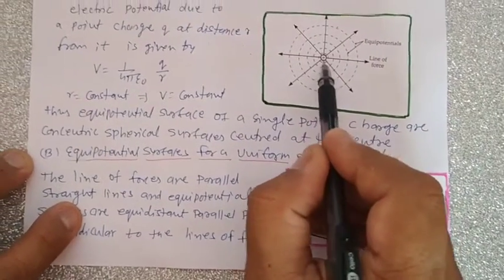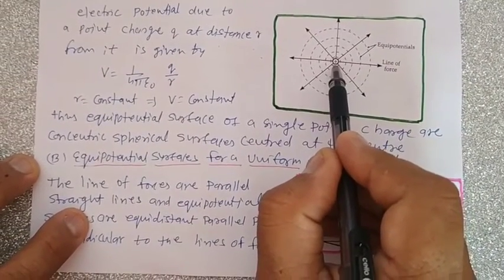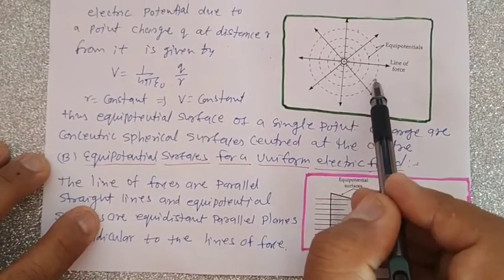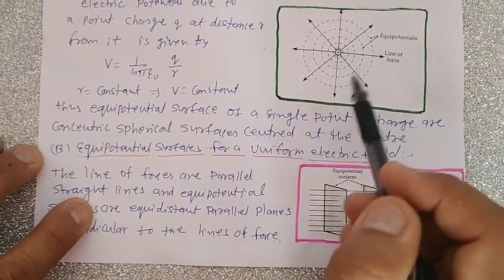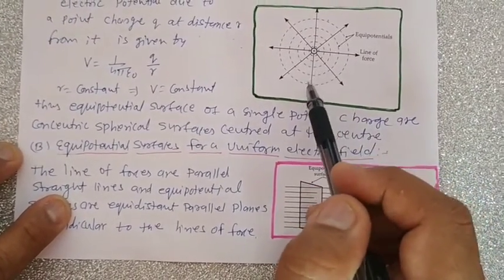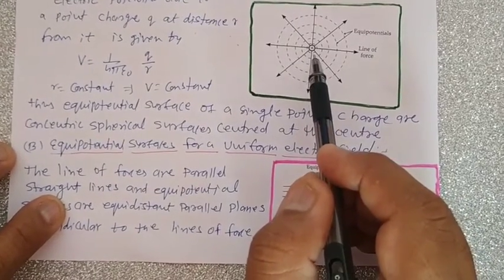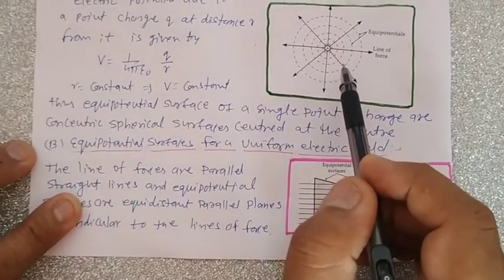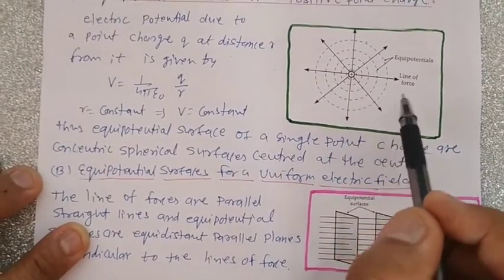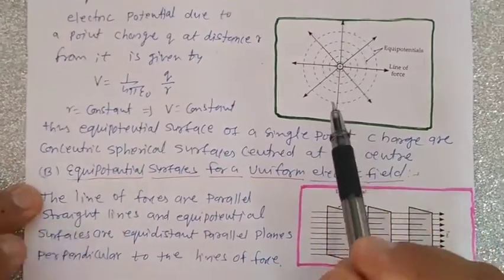Here we can see at the center one charge Q is there, and equipotential surfaces R1, R2, R3, R4, R5 have different radii. So due to a single point charge, equipotential surfaces are spherical surfaces having the same center.